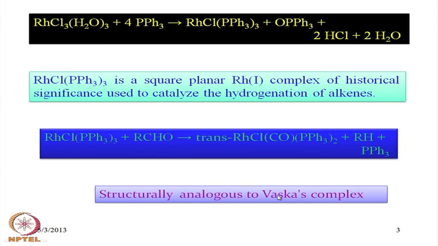Another example of a compound in the same geometry is Vaska's complex, which is structurally analogous. This Vaska's complex would again be a 4 coordinated square planar compound.